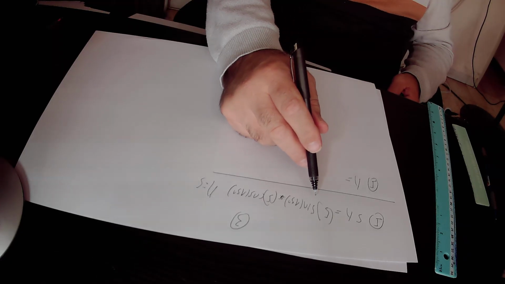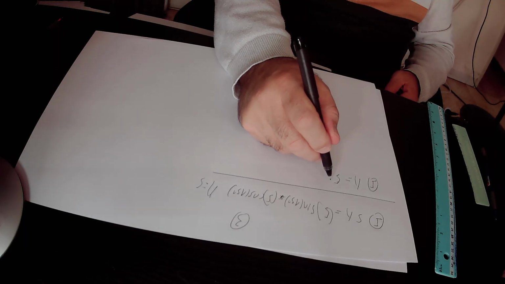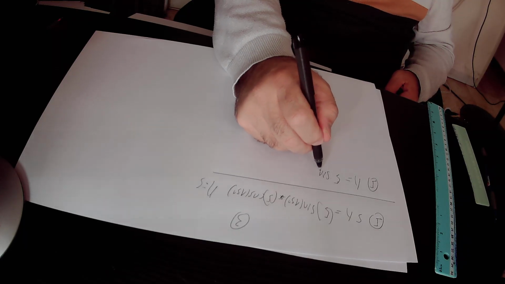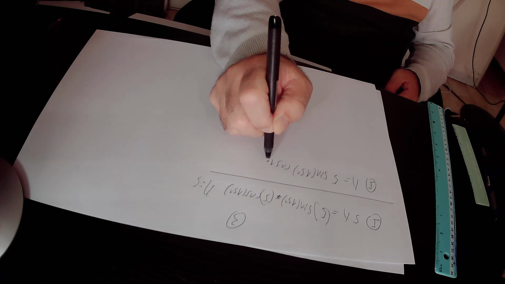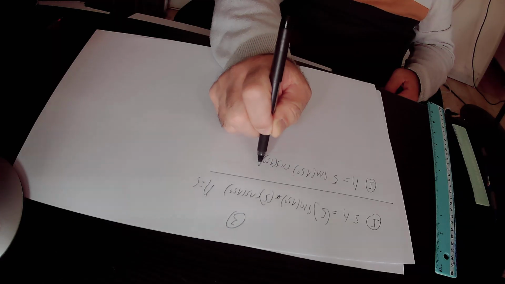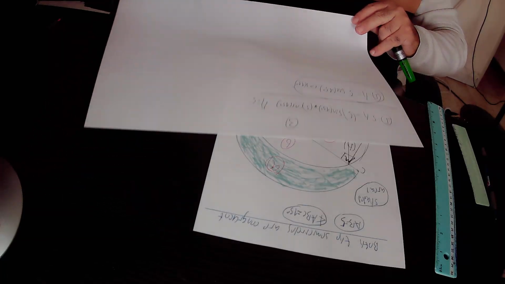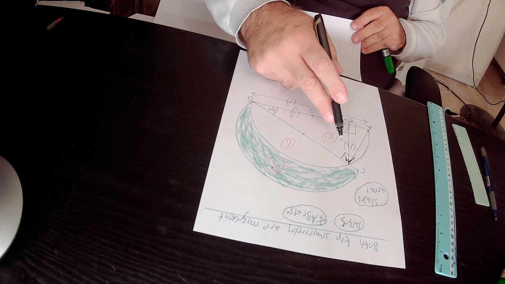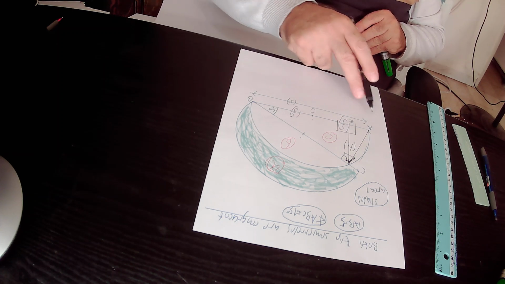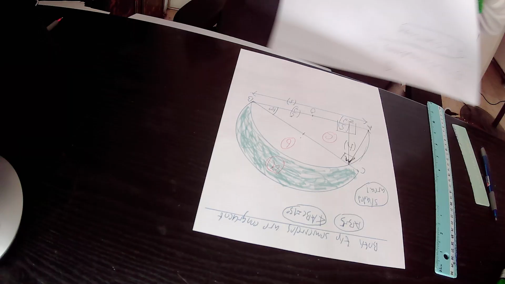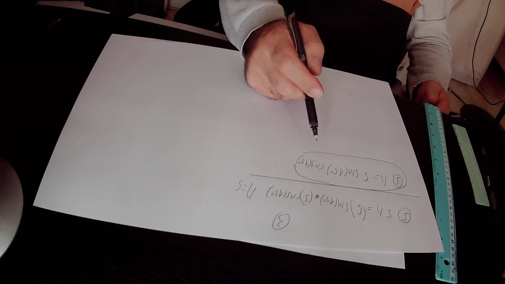So it equals 5 times sine 15 degrees times cosine 15 degrees. So in total, H, that is the altitude to the base AB, MZ, equals 5 times sine 15 degrees times cosine 15 degrees.